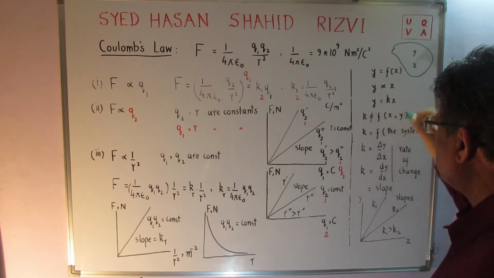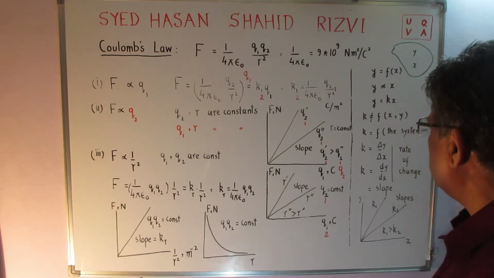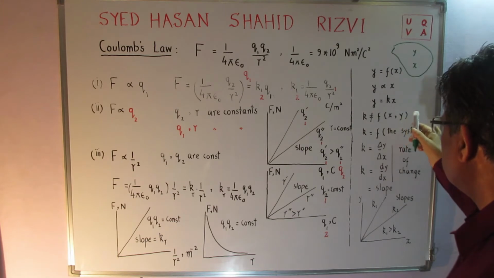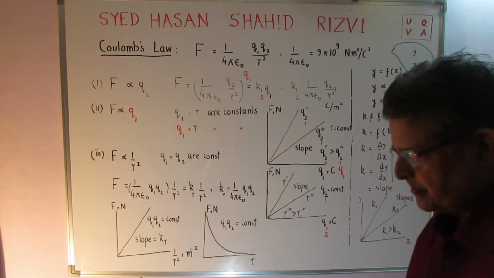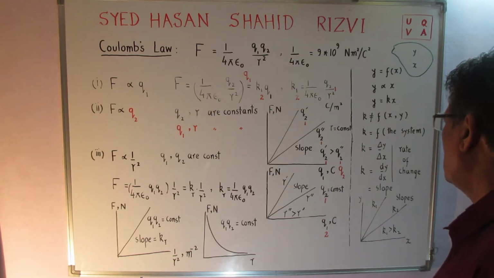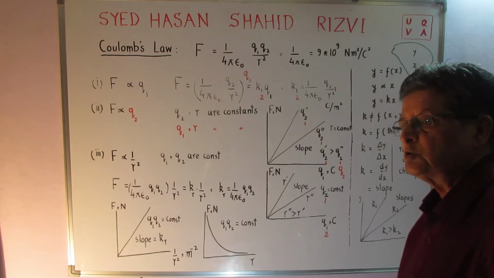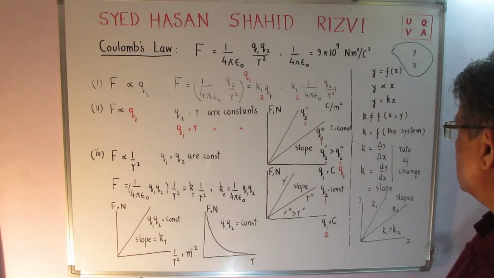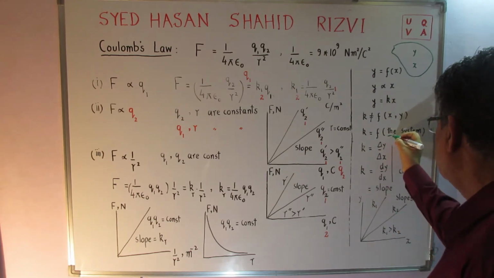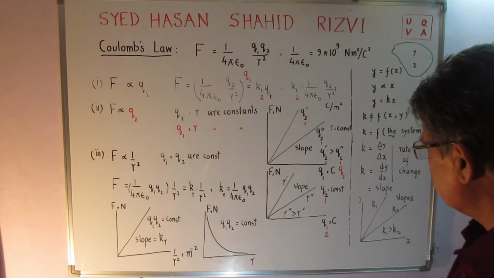Then we found that for every system like that, y is equal to kx, where k is neither a function of x nor a function of y. It does not depend upon x, does not depend upon y. I answered this question in the beginning when I was introducing these kinds of functions: k is a function of the system, the defined system.